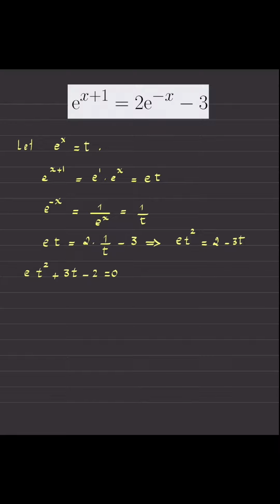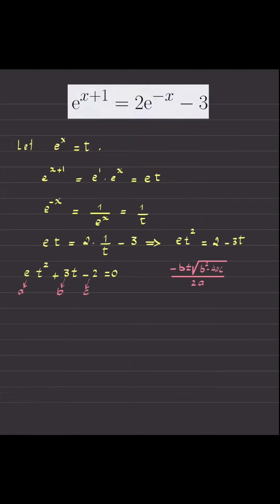Okay? So I want to use the ABC formula. The ABC formula is minus b plus or minus the square root of b squared minus 4ac, divided by 2a. This is the formula that I want to use to solve the problem, giving the role of a to e, the role of b to 3, and the role of c to negative 2.